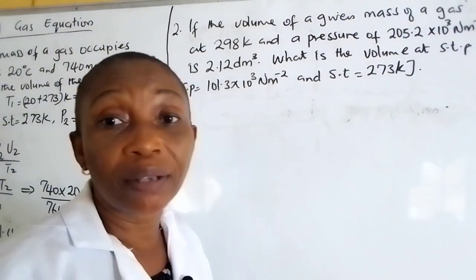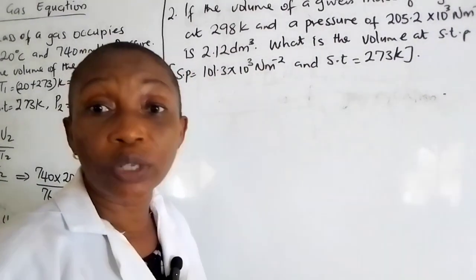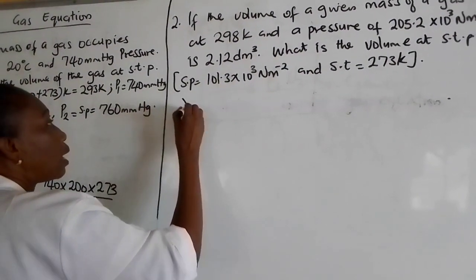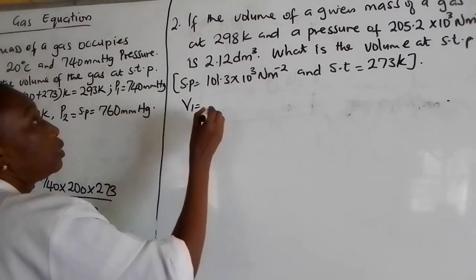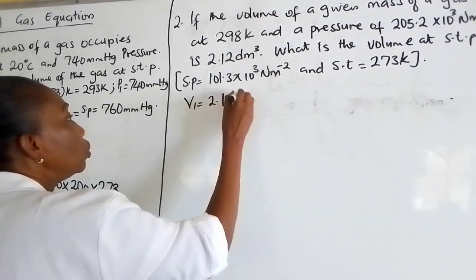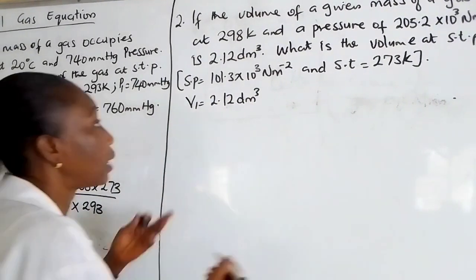So how do you go about this? Write out what you're given, and from there you look for whatever you are asked to look for. Let's start with V1. Our initial volume V1 is 2.12 dm cube. Now the volume is in dm cube this time around and not in cm cube.